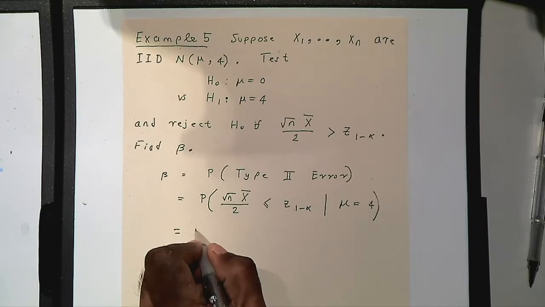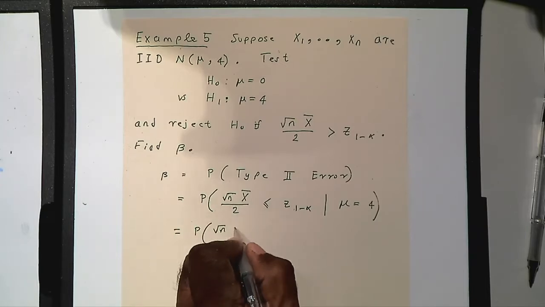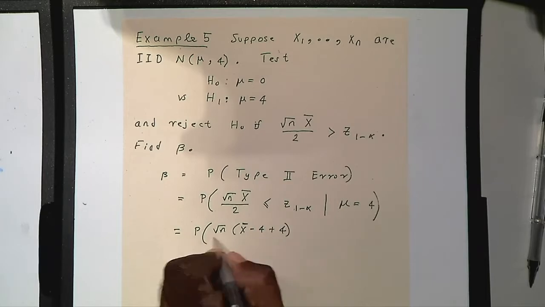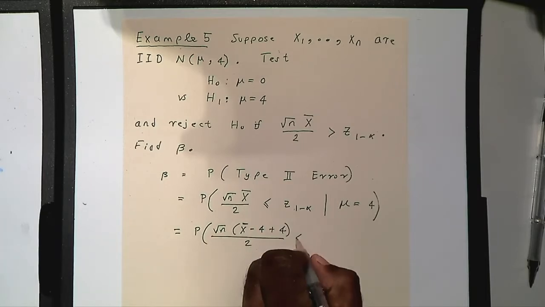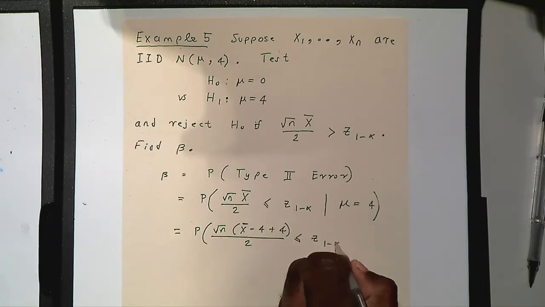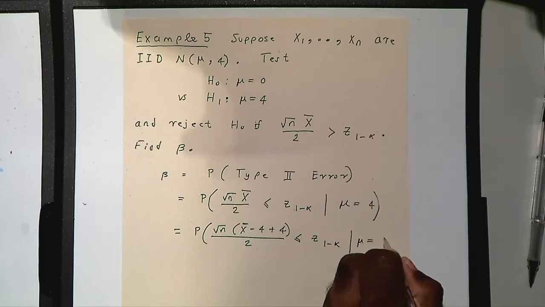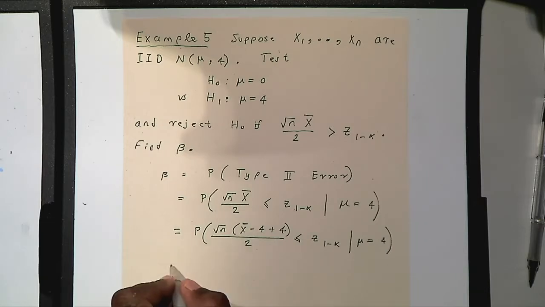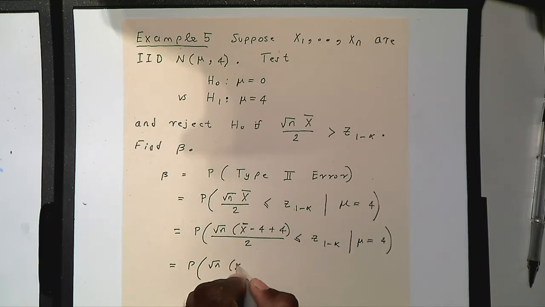So I'm going to subtract a 4 and add a 4, so I haven't changed anything. Okay, you see why I'm doing this? Because I want to use this property, that this guy here has a standard normal. So this becomes root n times x bar minus 4 divided by 2.